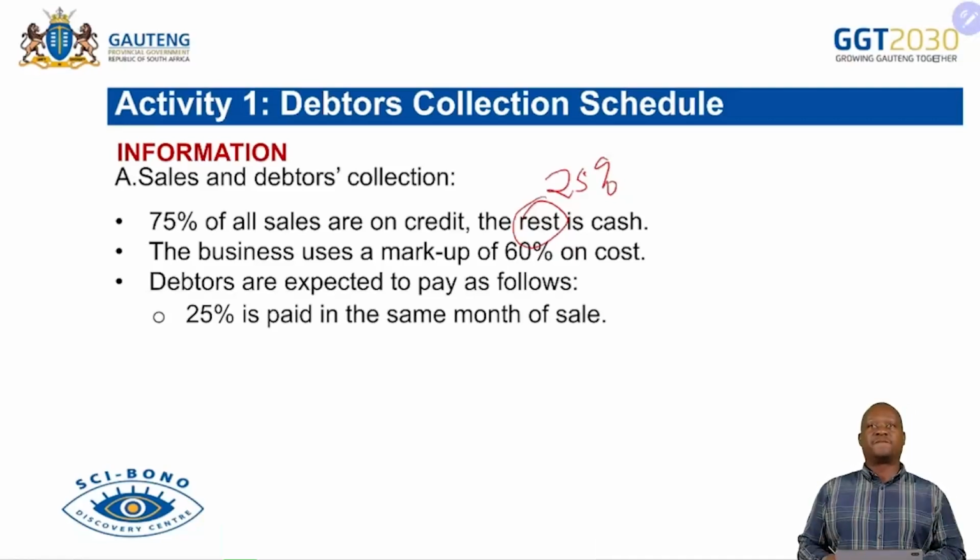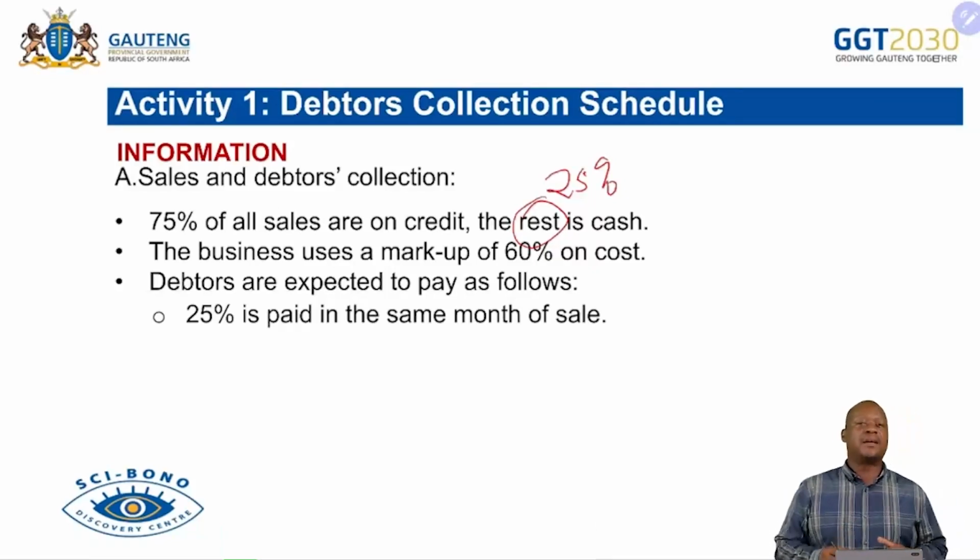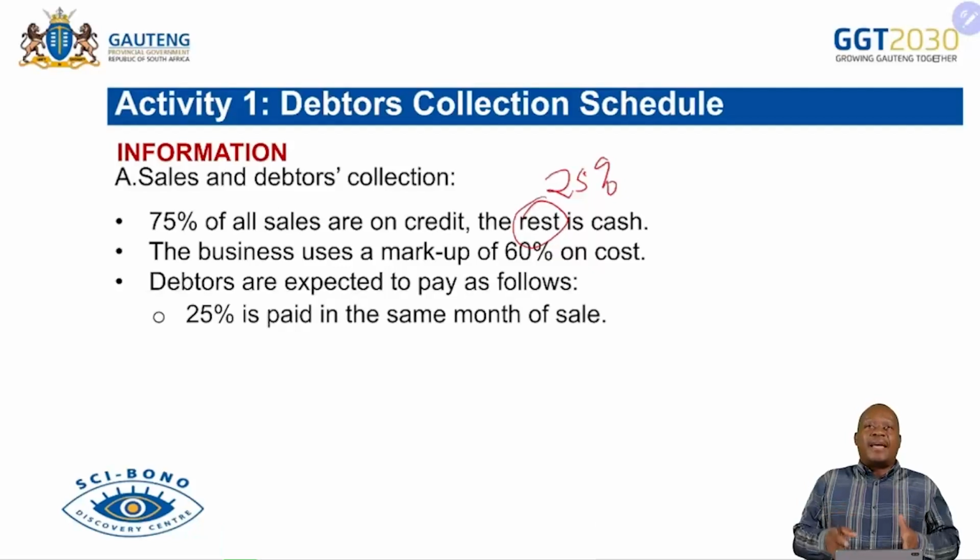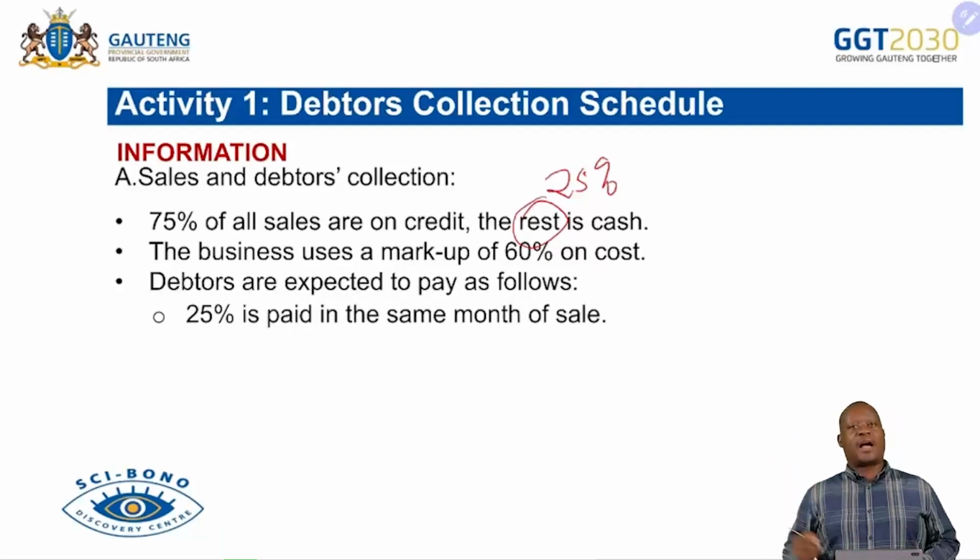So it means you sell in January, you are only going to expect 25% of that amount in the month of January, which means 75% of our credit sales are not paid in the month of sale. It will come.